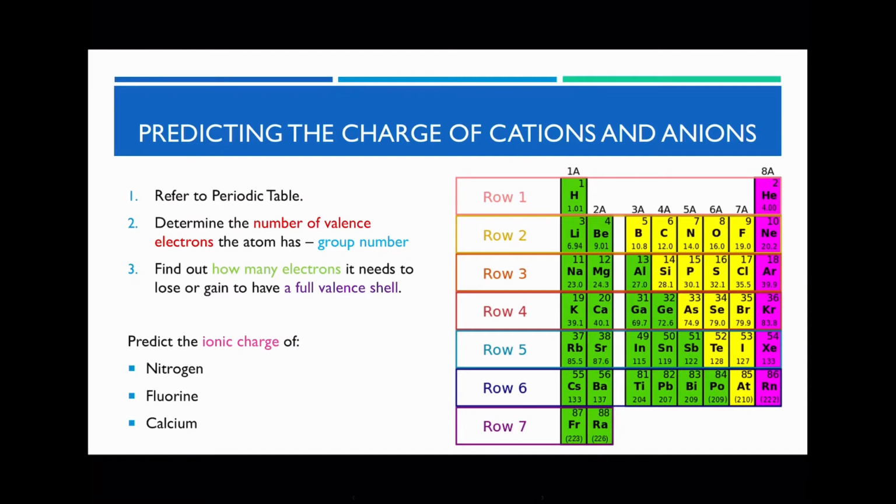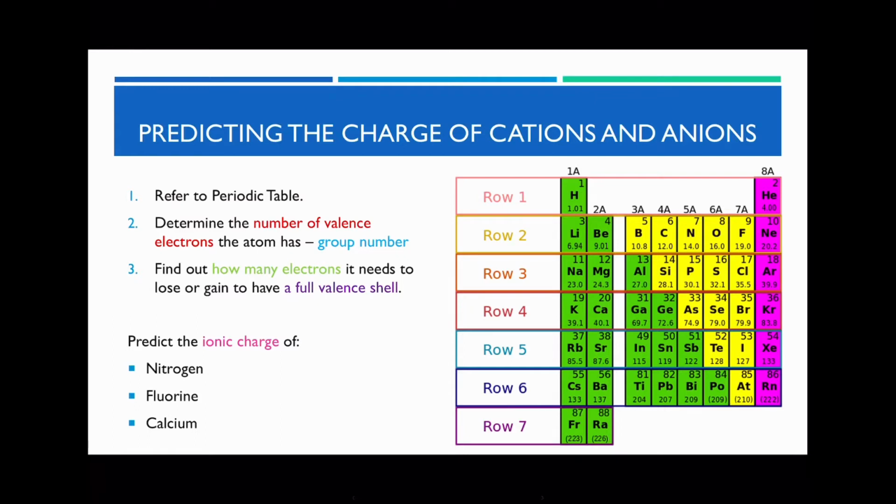The second step is to determine the number of valence electrons the atom has, and that is easily obtained from its group number. Remember, the group number is the column number. Then step 3 is to find out how many electrons it needs to lose or gain to have a full valence shell.